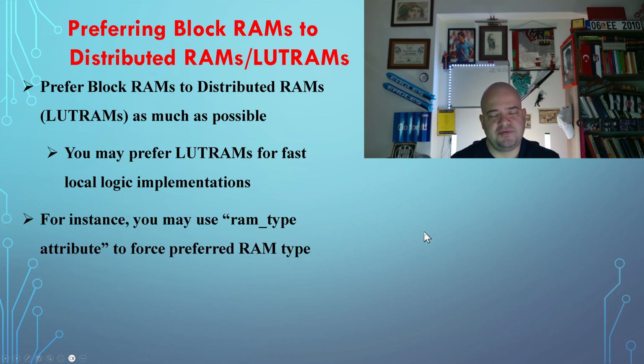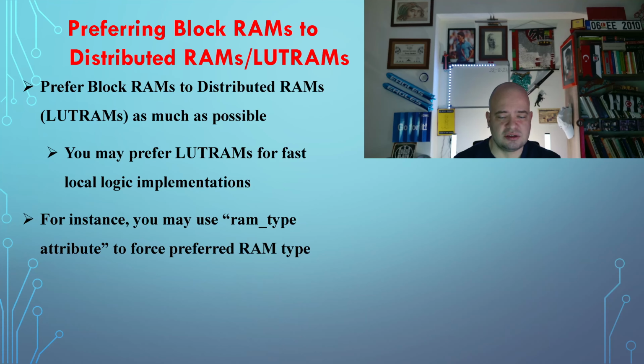Next one was preferring block RAMs to distributed RAMs, also known as LUT RAMs. This also improves your placement and routing, and also affects timing results as well, because if you don't use block RAMs, then distributed RAMs are used.